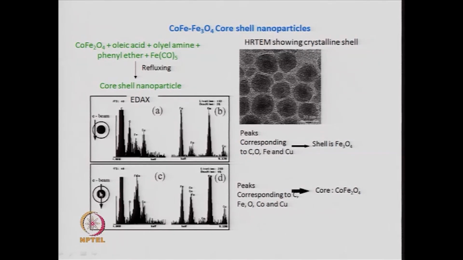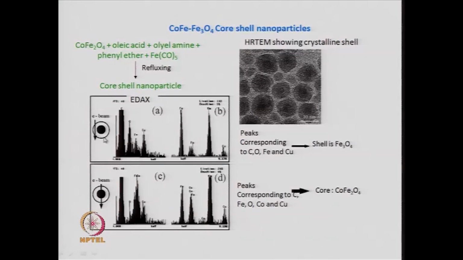When the beam goes through the center, you can say that cobalt is certainly at the center and iron is also possibly in the center, but iron and oxygen are certainly in the shell because you already found that out. So, from the EDAX you can say that the core is made certainly of cobalt, but it can also have some iron and some oxygen, because that distinction you cannot make just by using this EDAX analysis.